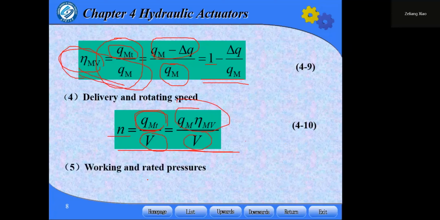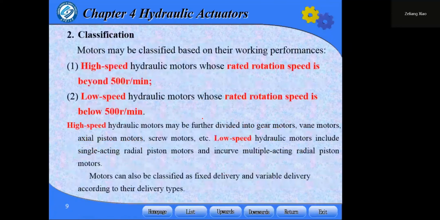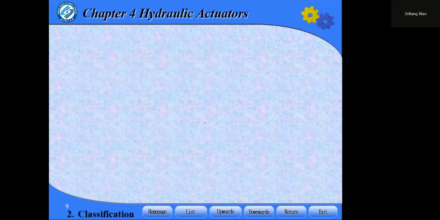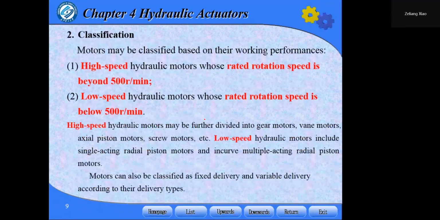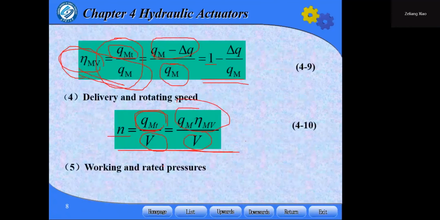Working and rated pressures: when the motors are in normal working conditions, we can get its pressure, which means the rated pressure.